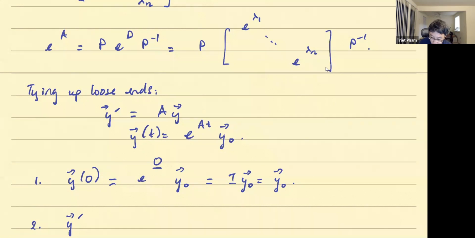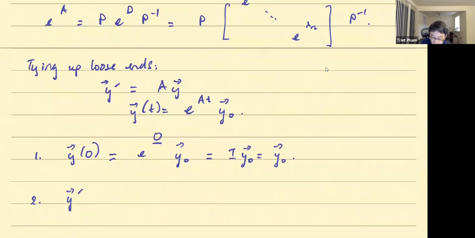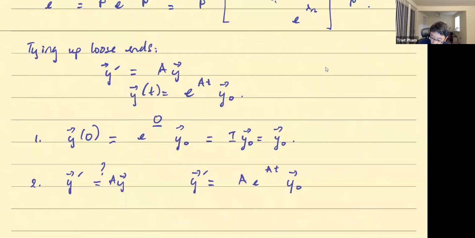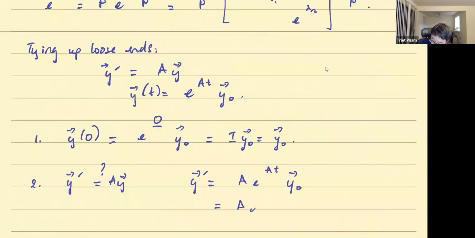So the next question is to see how to do y prime equals Ay. Obviously, if you differentiate this form, you expect that y prime is equal to A e to At y0, which would be Ay, because this is y.